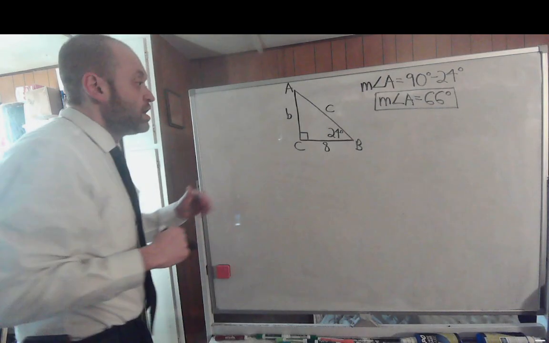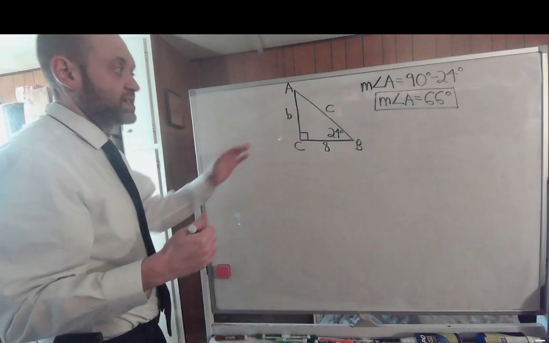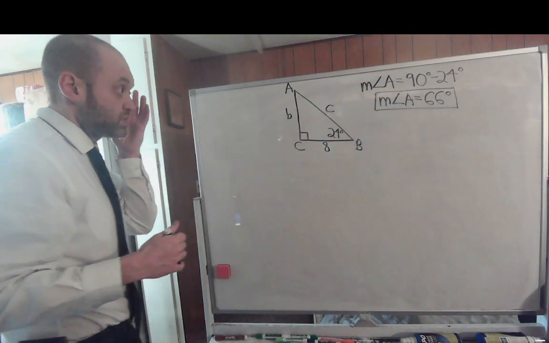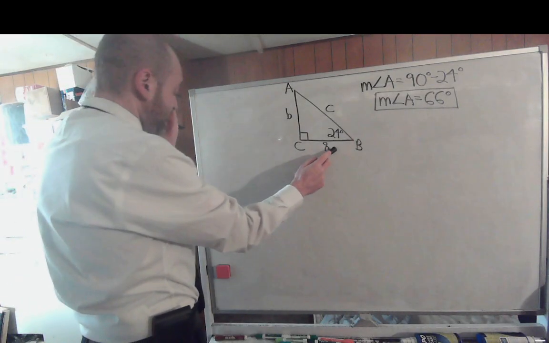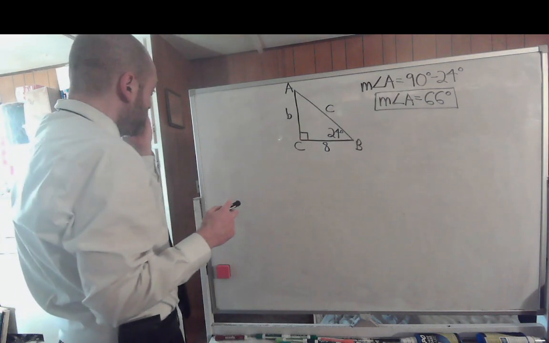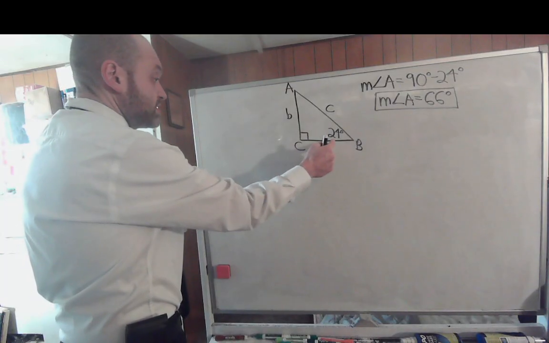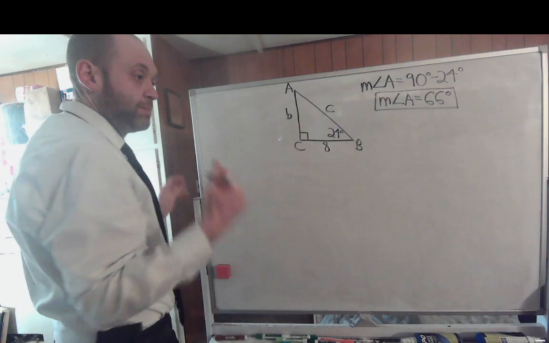Now, we need to find sides B and C. I'm going to suggest let's find side B first. So we know side A is 8. Side B we don't know. Well, side A with 8 is the adjacent side, right? Side B is the opposite side.